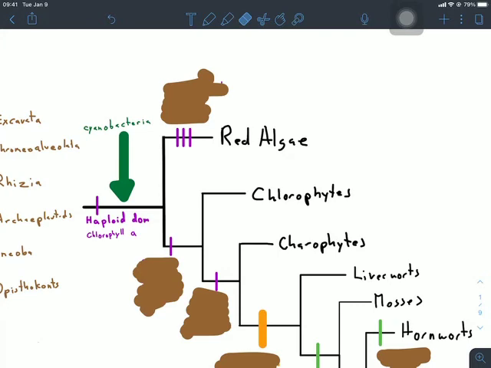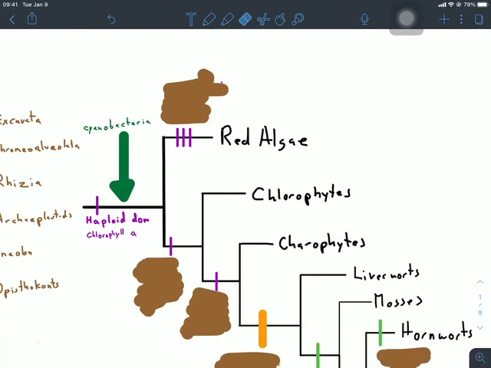We talked about the presence of phycobilin proteins, those being the red pigments that give red algae its name, as well as the fact that their chloroplasts have no grana. Instead of thylakoids being arranged in stacks, they're equally spaced apart.